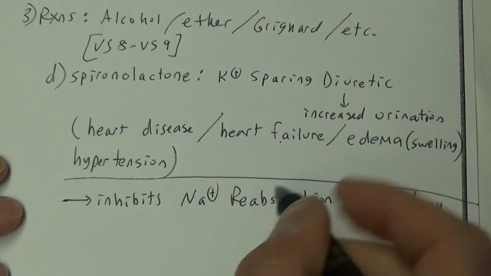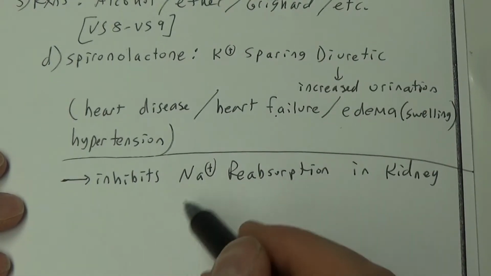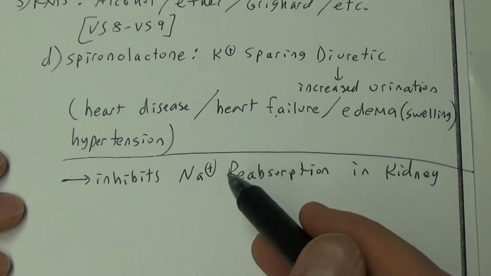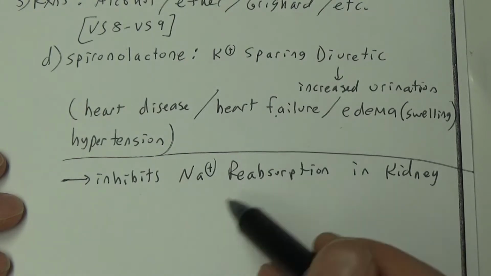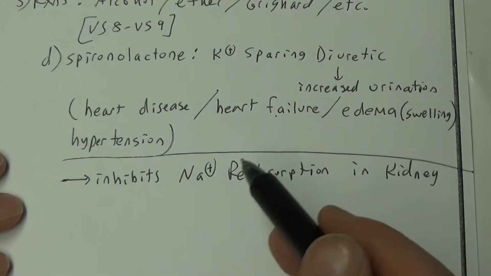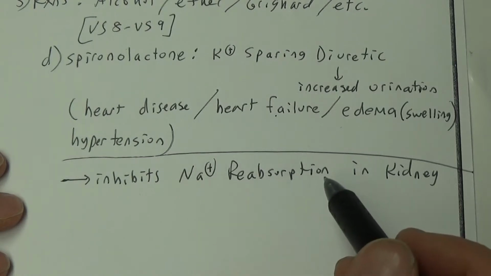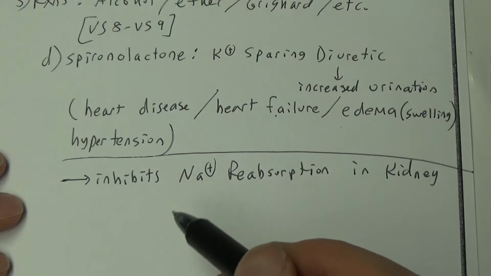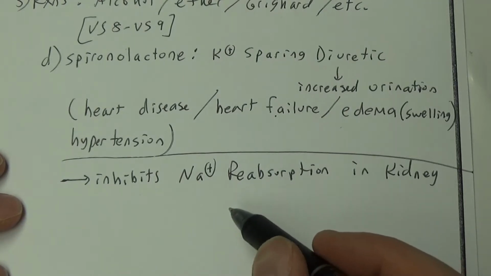And when it inhibits sodium reabsorption, fluid follows ions. As your fluids are transported through the kidney, if you inhibit sodium reabsorption, water will follow the sodium and will be excreted in urine.